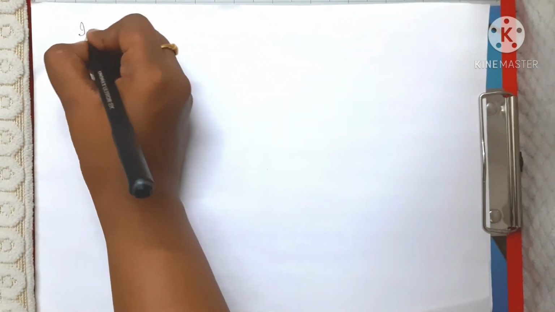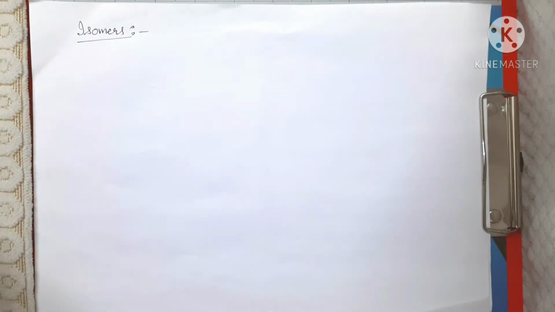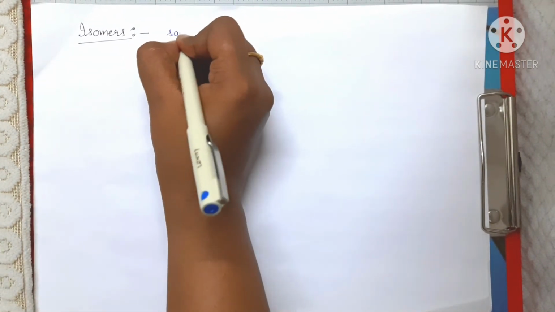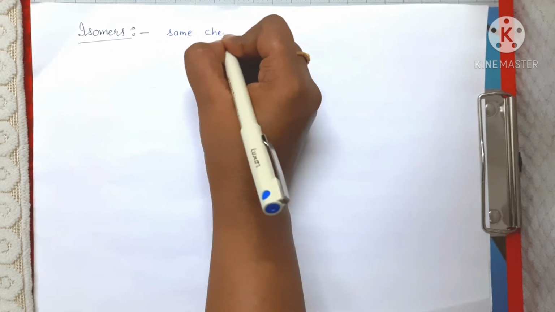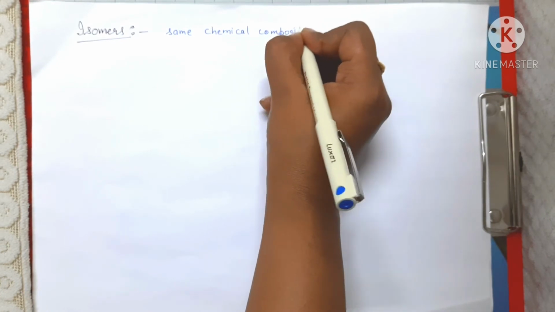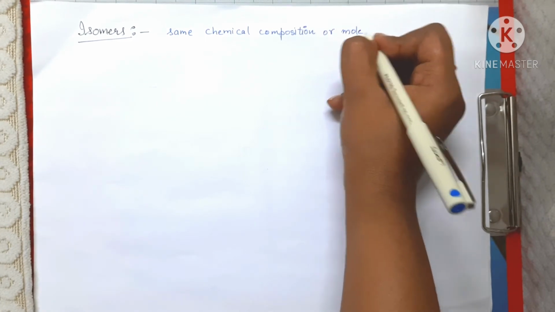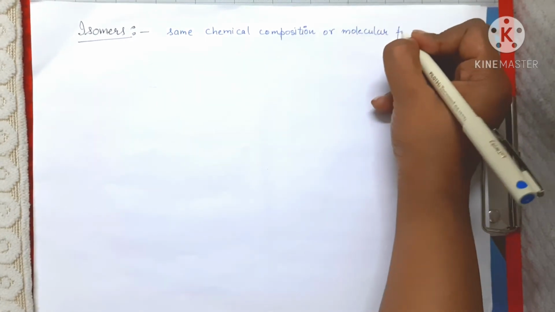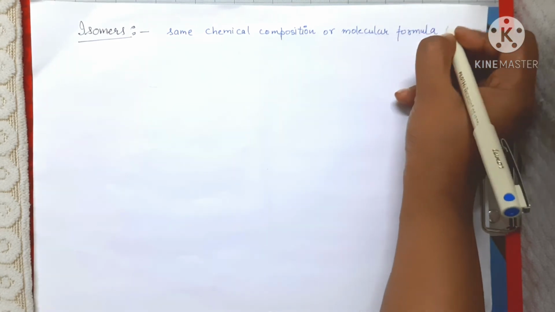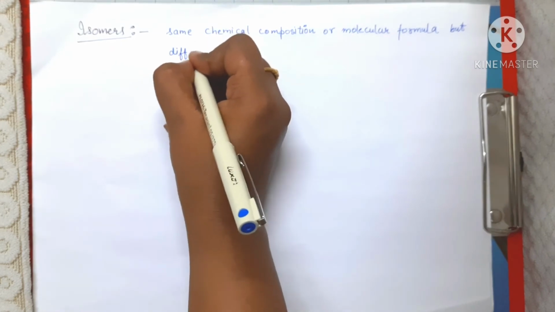So now, starting with the topic of isomerism, first we'll define isomers. Isomers are the compounds which have the same chemical composition, or you can say the same molecular formula, but different structures.